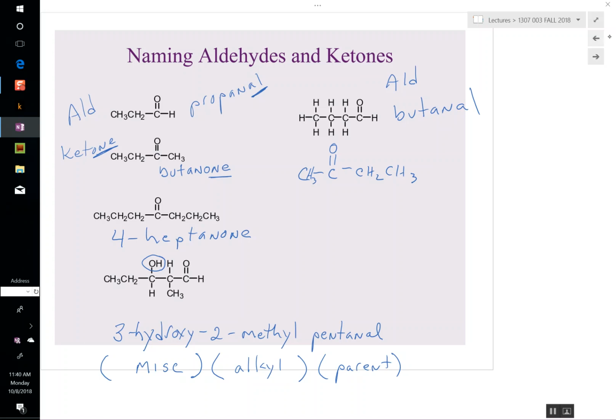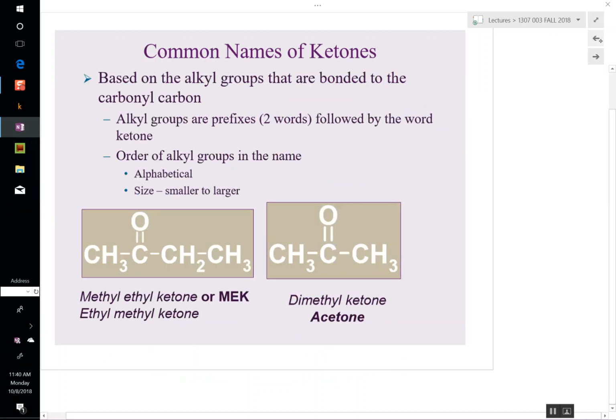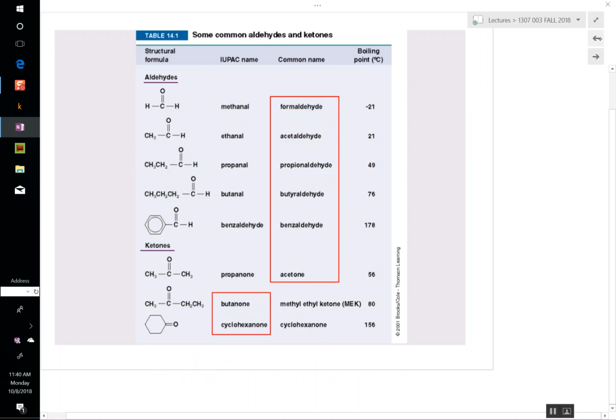Okay. Now let me just back up a couple slides here. All right, here is a good slide for you to star. These are basically the molecules that you should have 3x5 cards on for chapter 13. Because what you can see here are IUPAC names, common names.